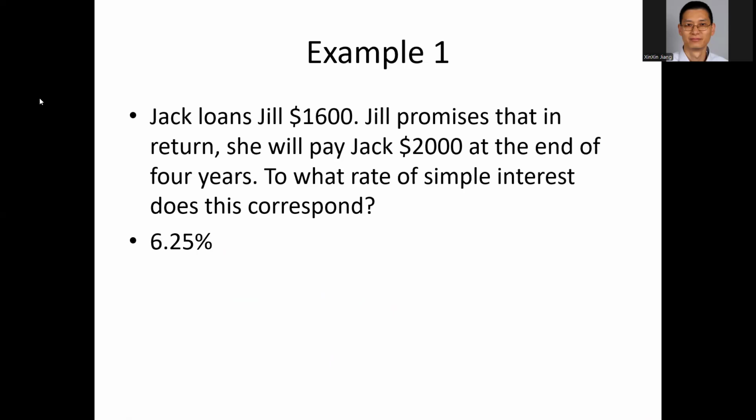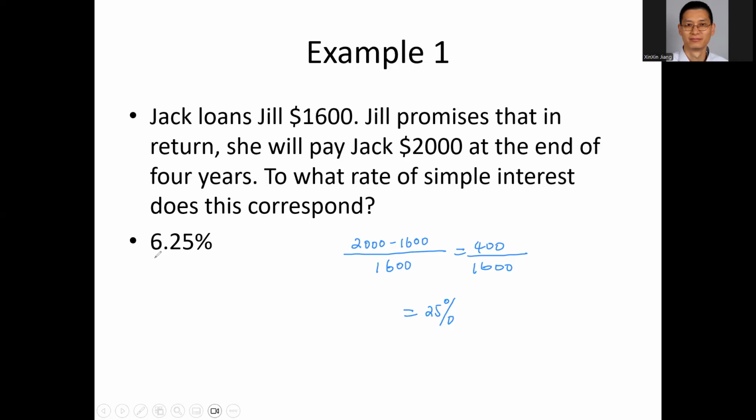Again, it's annual. Let's calculate the effective rate for 4 years. That is 2000 minus 1600 divided by 1600. That's 1/4, which is 25%.